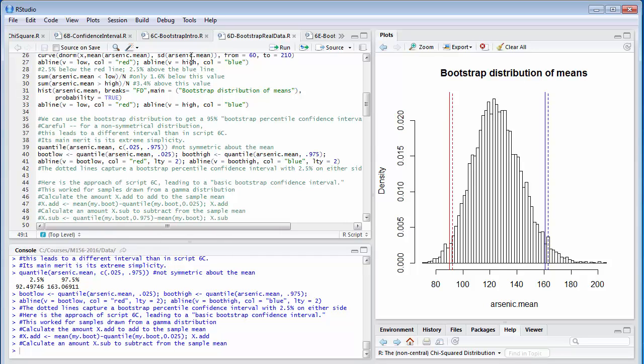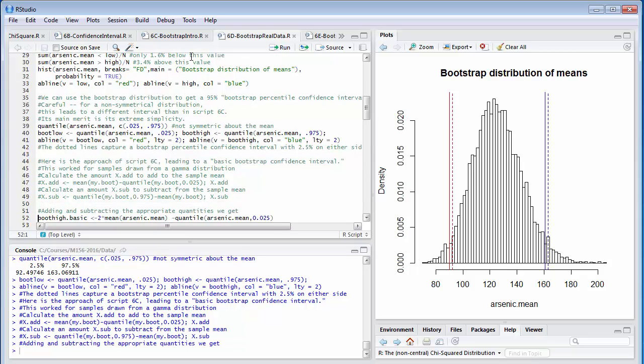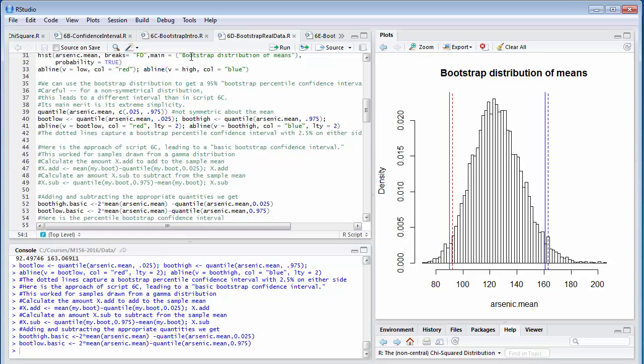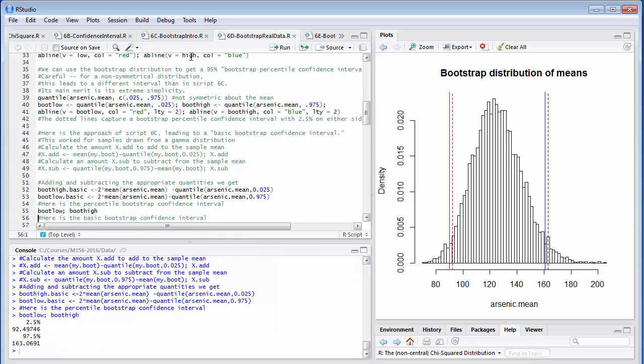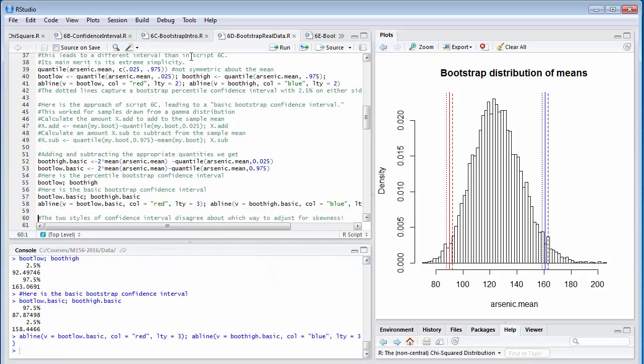From the upper quantile, we're computing how much to subtract. And when we do that, we get a couple of other lines, which I am now going to plot. Those are the dotted lines.